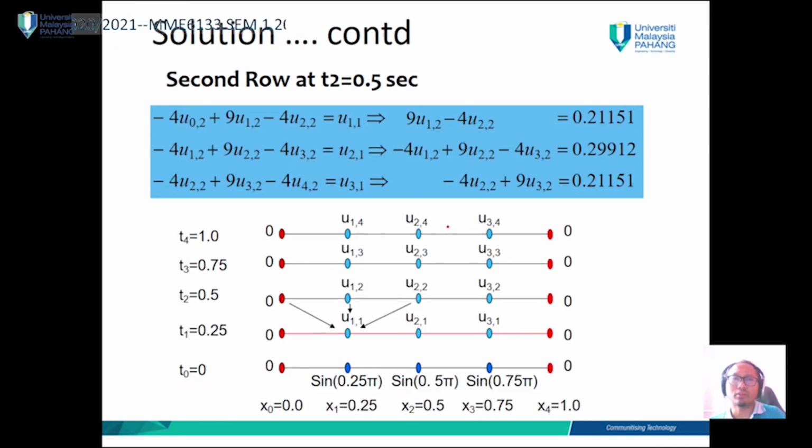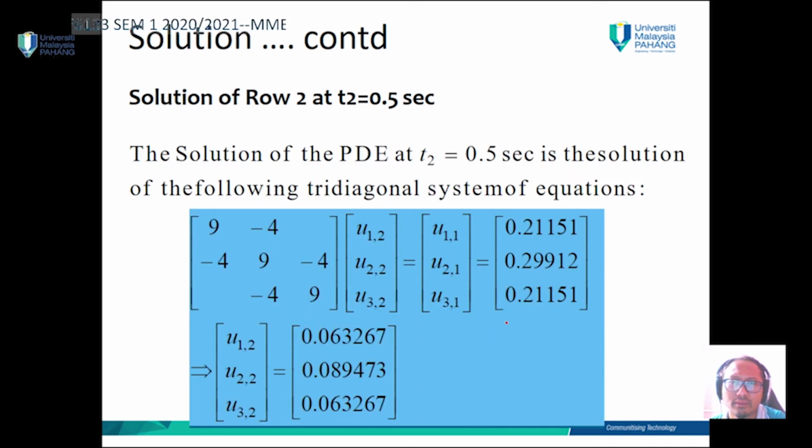For the second row, at this point, we are going to proceed with the same equation. By replacing all the values that we have, we are going to get this equation. We get the values for the first, second and third equations, and this is the second row, when j is equal to 2.